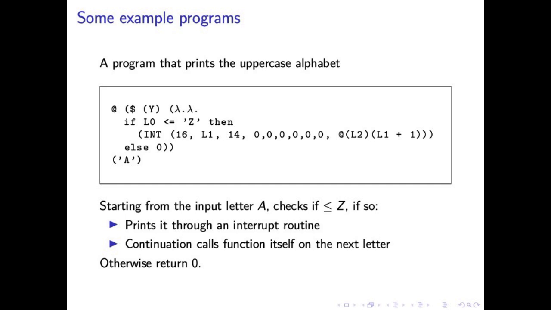It's L1 and not L0, because the interrupt adds another layer of scoping, so we need to increment all the indices. In fact, if before the function itself was L1, now it is L2. At the end, after having printed the whole alphabet, it returns 0.